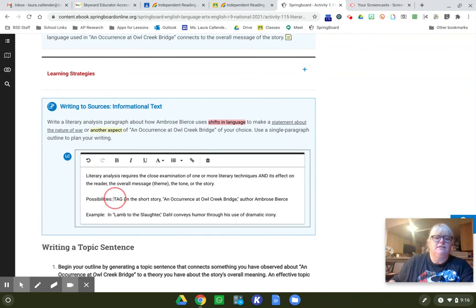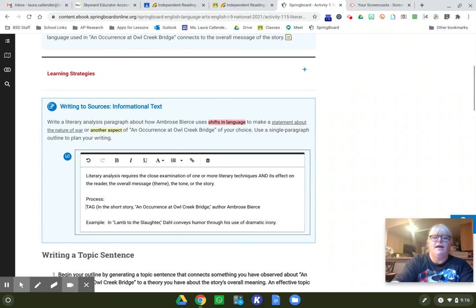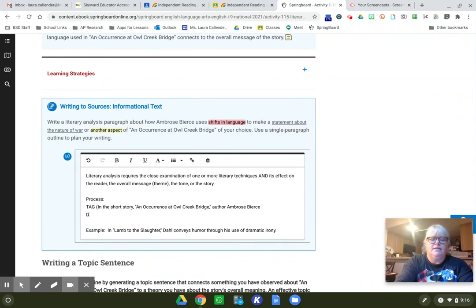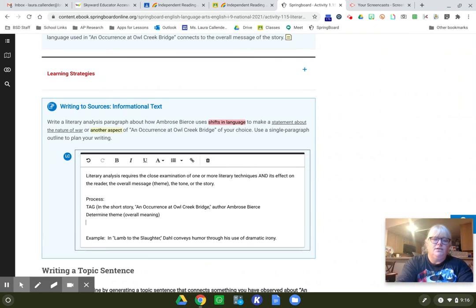So let's do this. Instead of saying possibilities, let's say process. So you have tag, right? Now what you have to do is determine theme, overall meaning. And then you're going to ask yourself, how does the author communicate that?